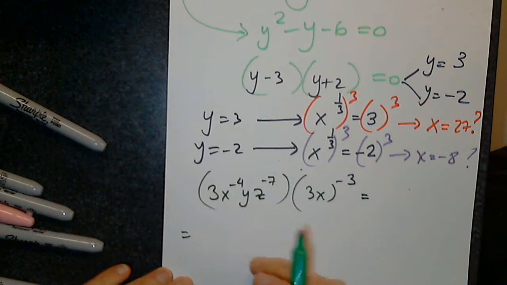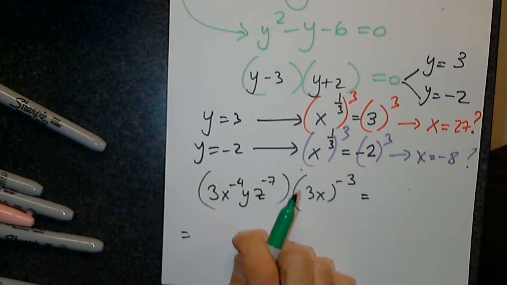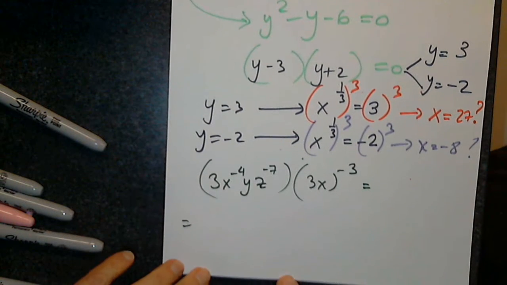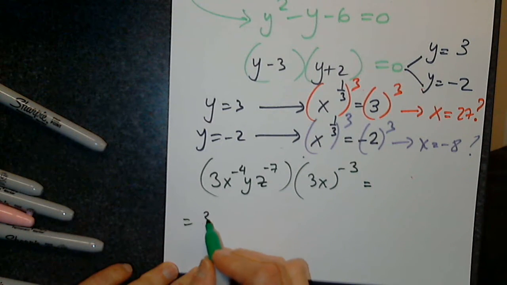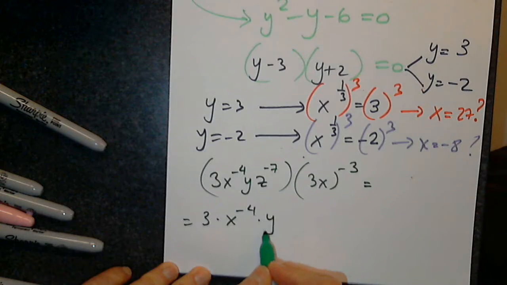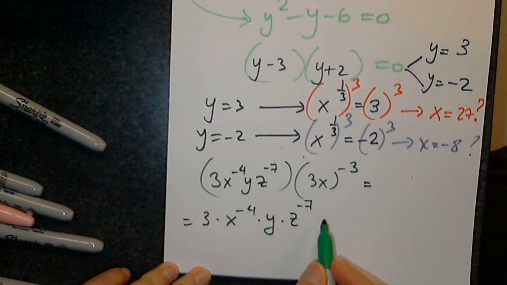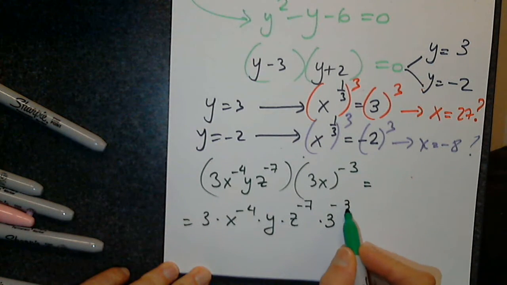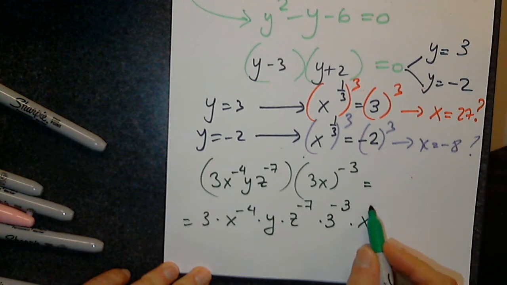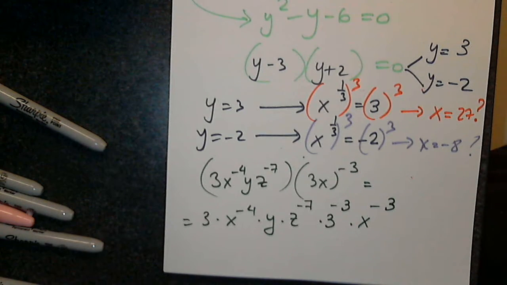So this one had no power, right? Okay, good. So I will rewrite 3, x to -4, y, z to -7 times 3 to -3 times x to -3. So this is my first step in which I eliminate parentheses for the second factor.